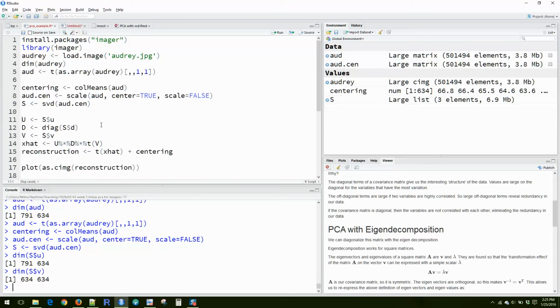Okay, well, the singular value decomposition provides our decomposition of our centered Audrey matrix, okay?